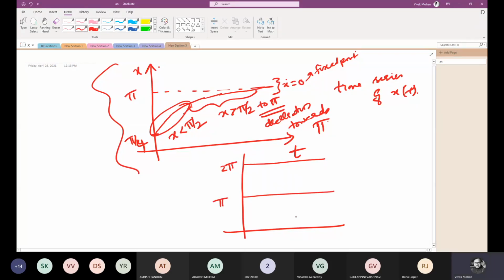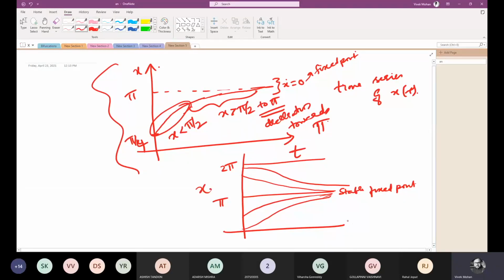So basically pi is a stable fixed point. Now I am starting from different initial conditions. From here, if I start, it will go like this. From here, if I start, it will go like this. So basically, all these points are reaching the stable fixed point.